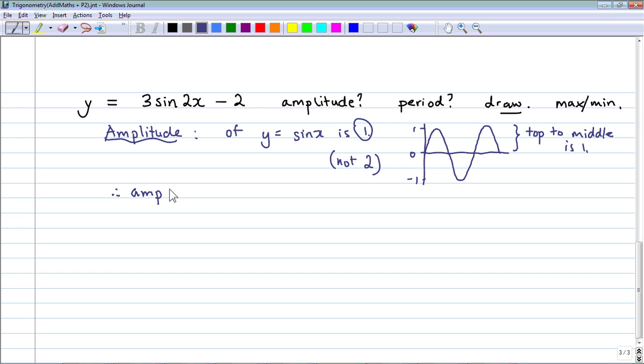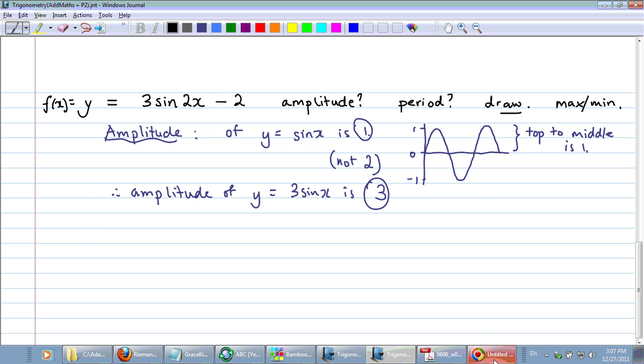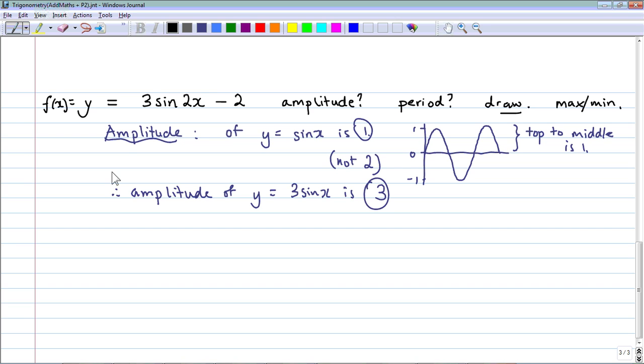So the amplitude of y equals 3 sine x is obviously 3, yeah? Because it just means the maximum has become 3. So if the top here is f of x, well, we can see that f of x has amplitude equal to 3.